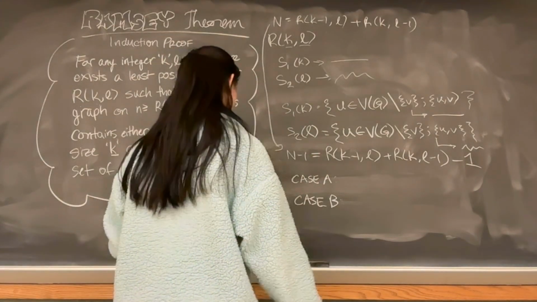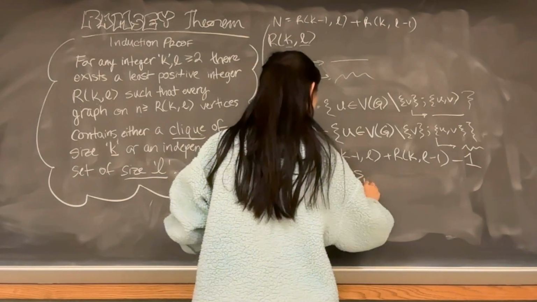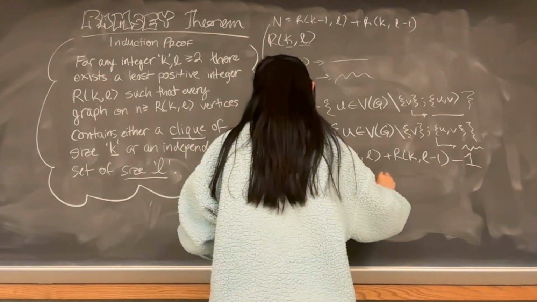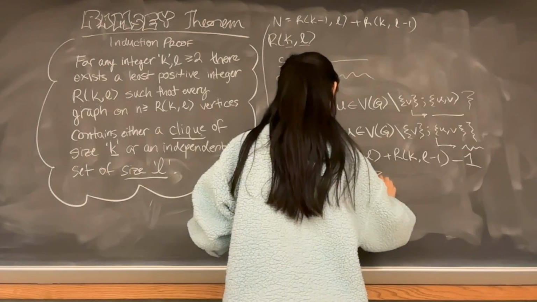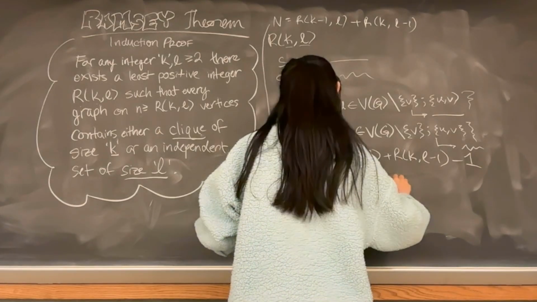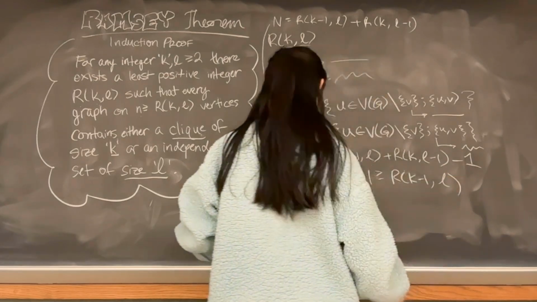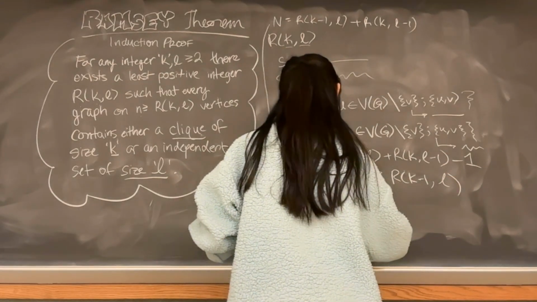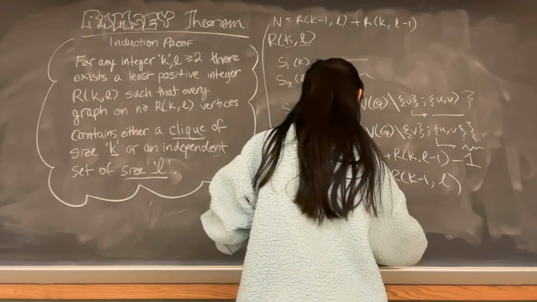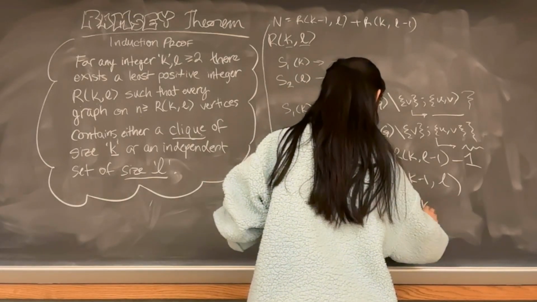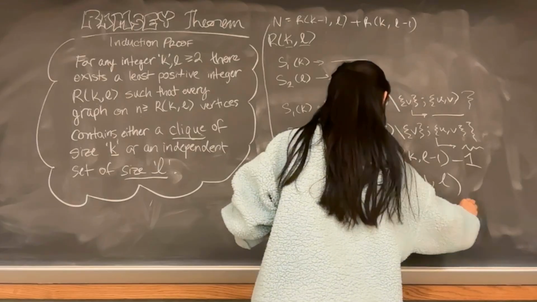So case A states that S1, which is, remember, our K, has to be greater than or equal to R of K-1, L. Additionally, and kind of similarly, S2 has to be greater than or equal to R of K, L-1.